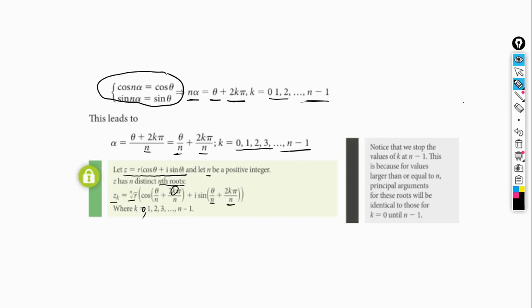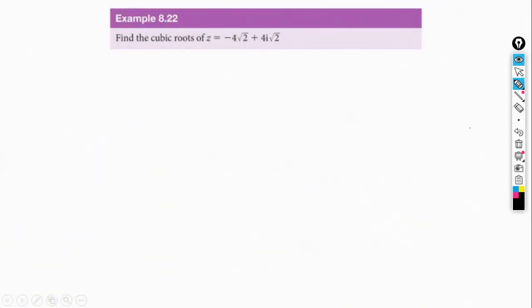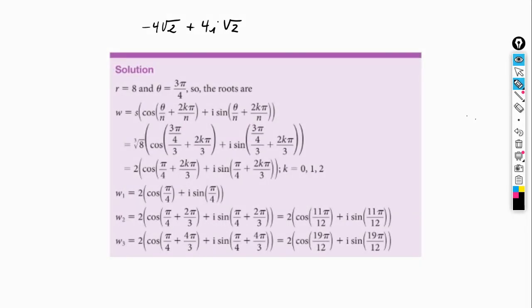So now let's apply this to example 8.22, where they ask us to find the cubic roots of z equals negative 4 square root of 2 plus 4i square root of 2. So the first thing we have to do is find the modulus and argument for this complex number.